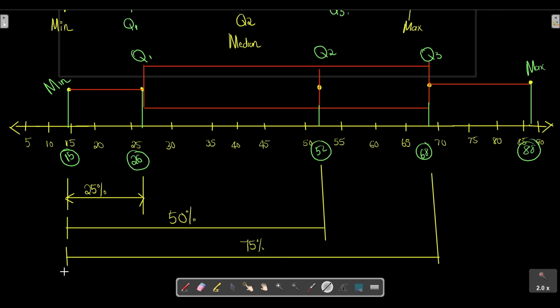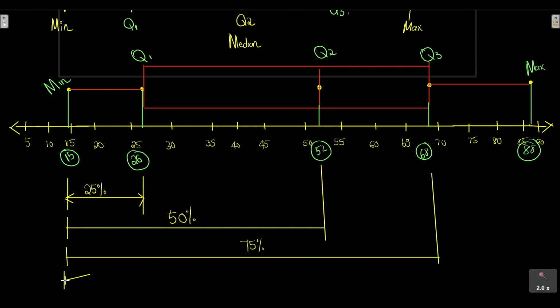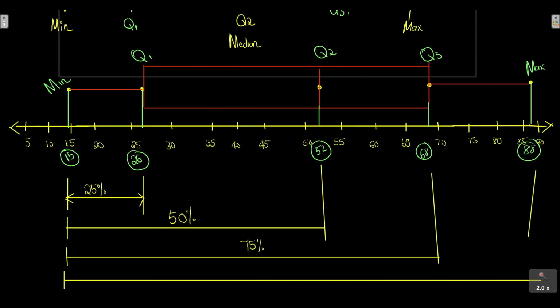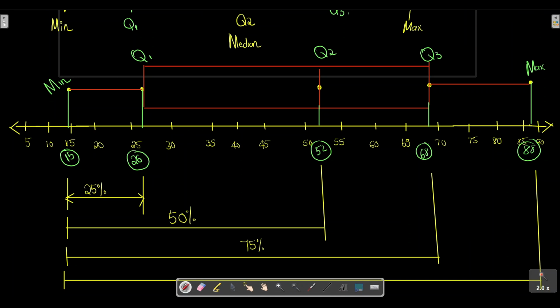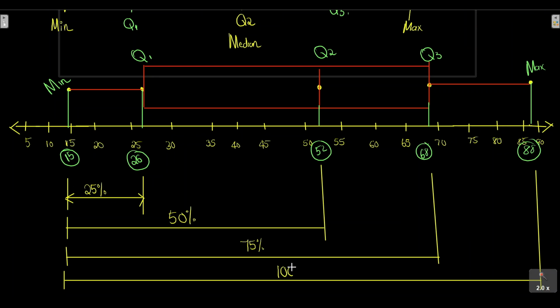And if you move from your minimum value to your maximum value, all these values represent 100% of your data.